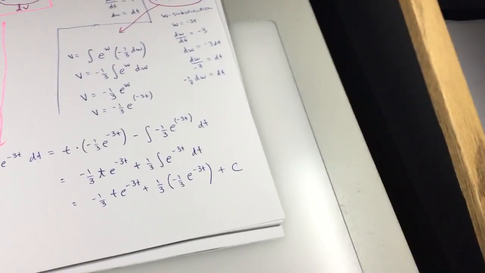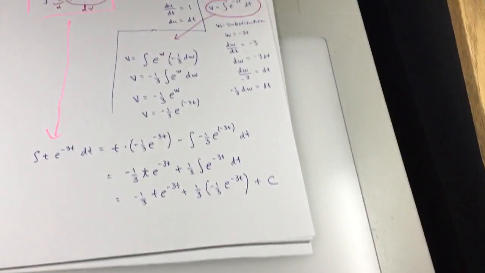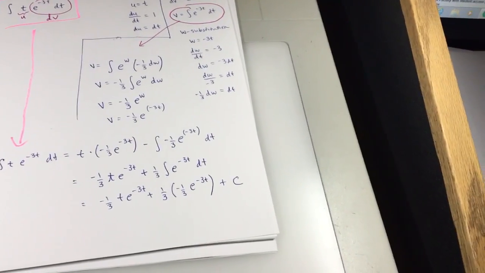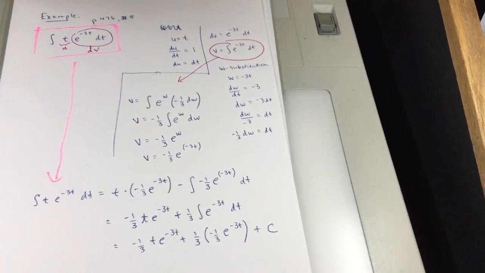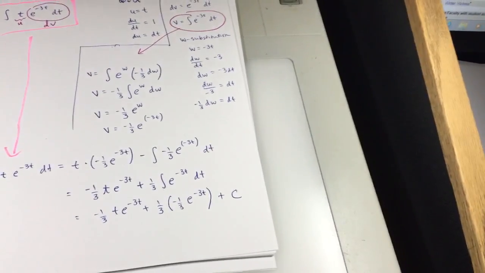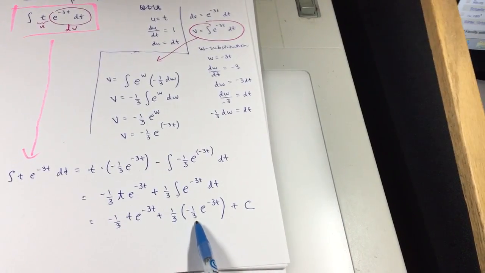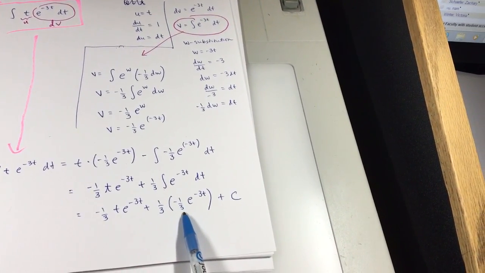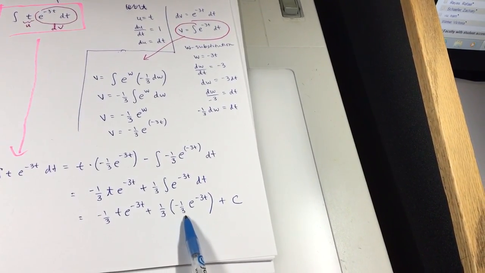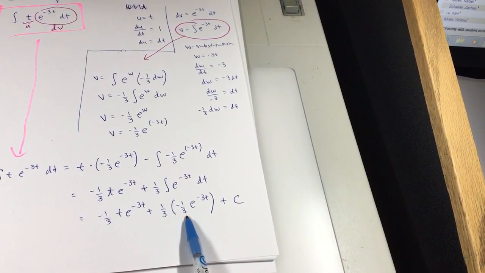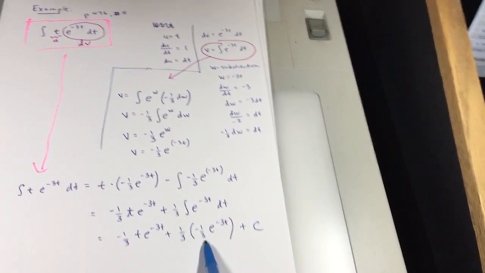Now, I did that last little step without explaining a whole lot because I want to point this out to you. The big question students would ask in class, at least in past semesters, was, where did that negative 1/3 come from? You already had a 1/3 in the problem. But I need that negative 1/3 right there. Why?